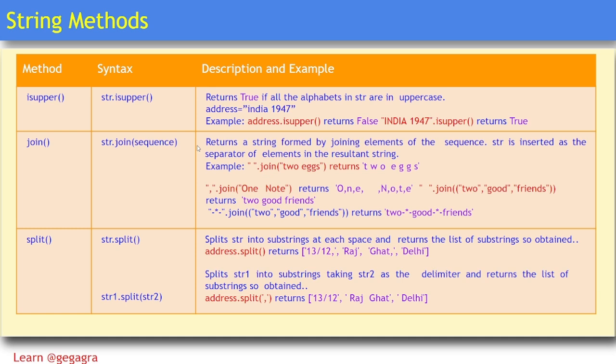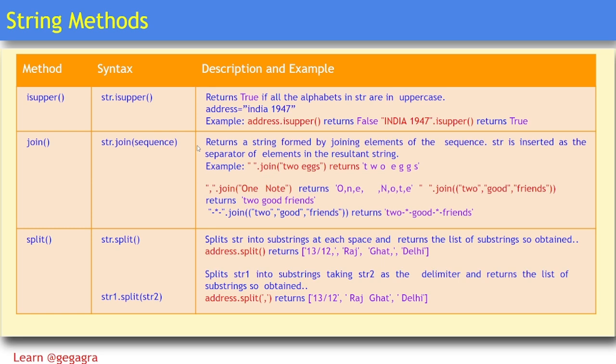So when I write one space dot join of this string, it will result like t space w space o, then double space, then e space g space a space s. So this is how it can join.